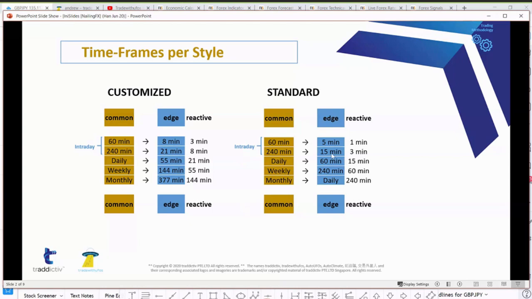And our edge time frame is where we look at opportunities for buying and for selling, which is where our auto UFOs app comes into play, which I'll show you shortly.